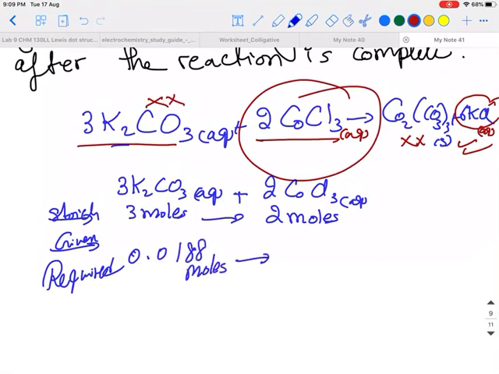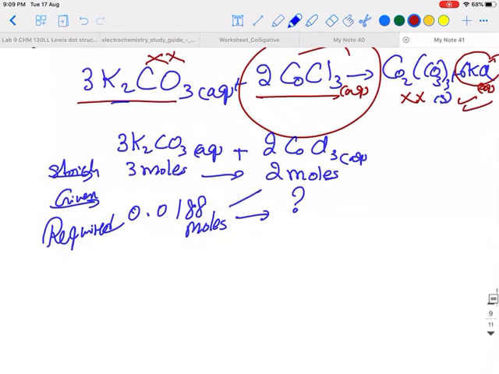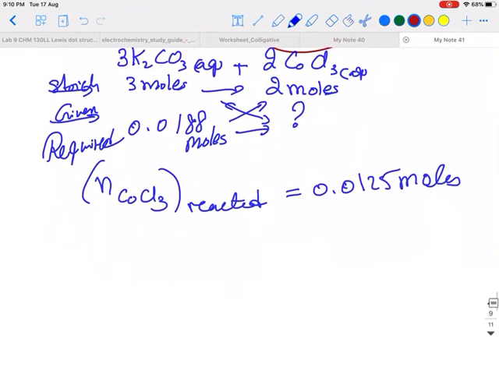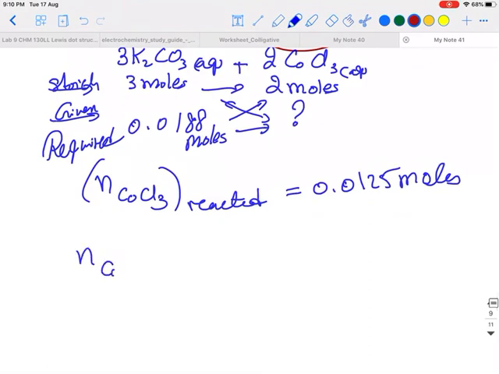So every 0.0188 moles, this is the amount that we have, should correspond to how many moles? After crisscross, the reacted quantity corresponds to 0.0125 moles. Now let me find the number of moles of cobalt chloride remained.